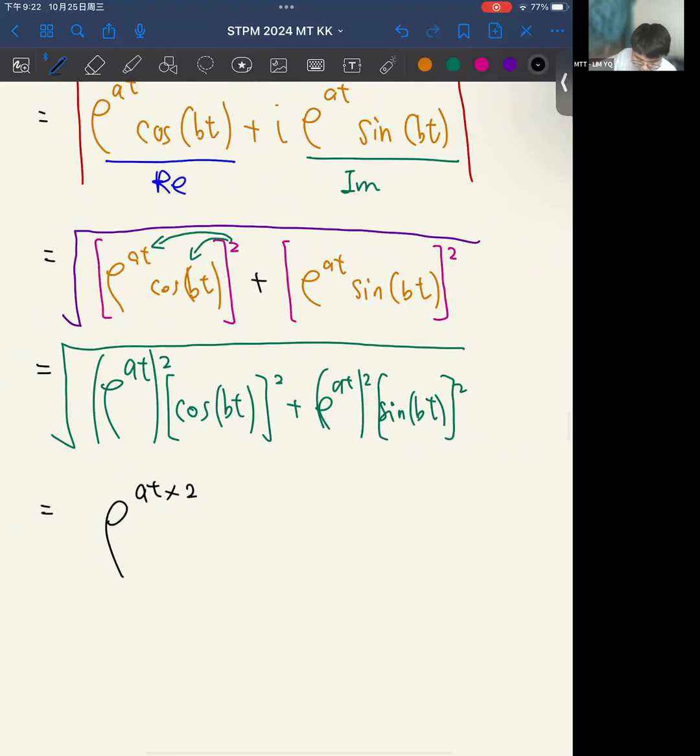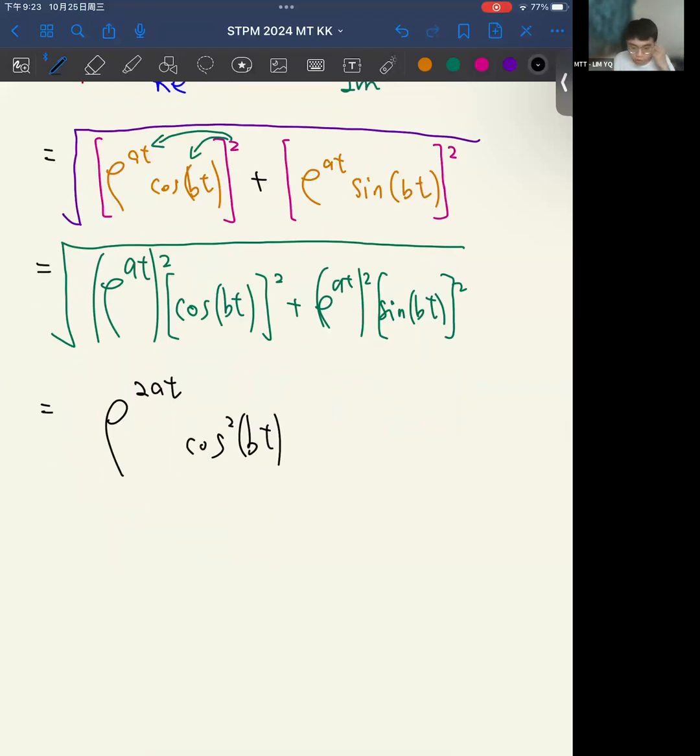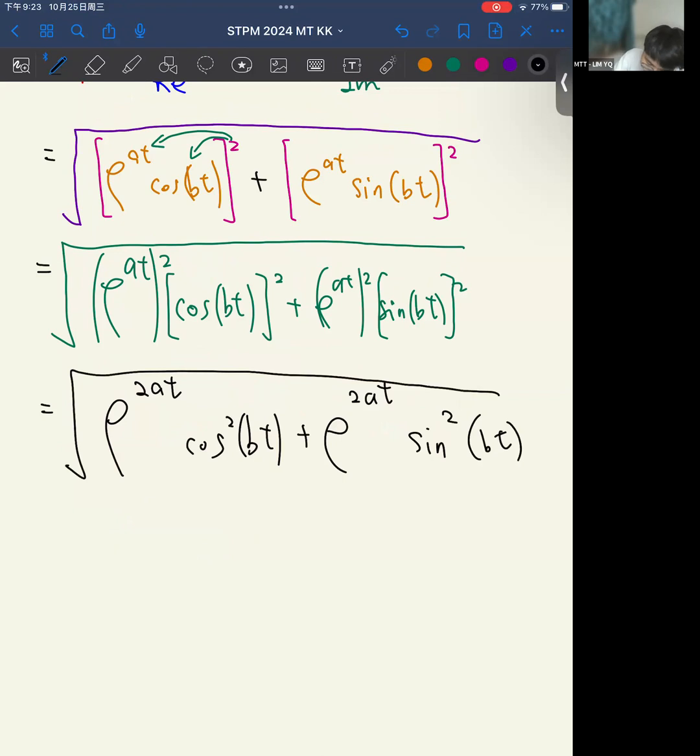Simple, right? 2AT, you should know in one step. And then cos squared BT is a shorthand for the square of cos. Same thing for sine squared BT, and then the square root of this one.